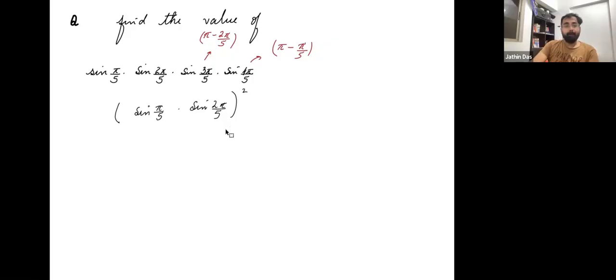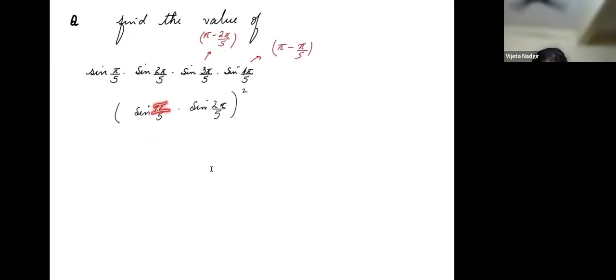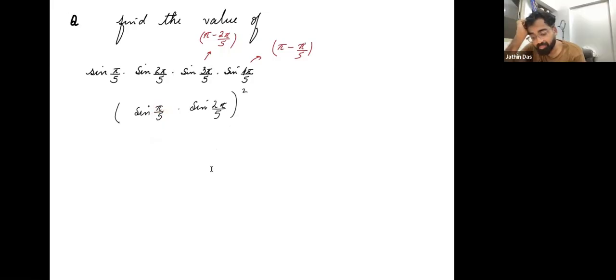Then, as such, pi by 5 is how much? 36, no?